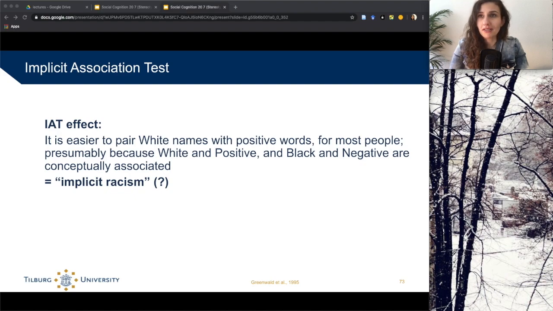The idea also relies on differences in response times, so people would be faster at pairing white names with positive words than black names with positive words.